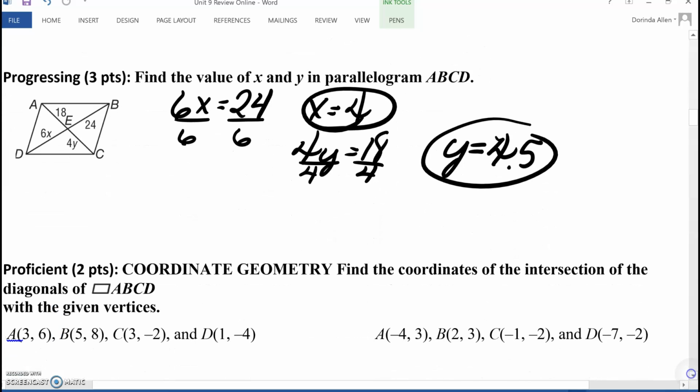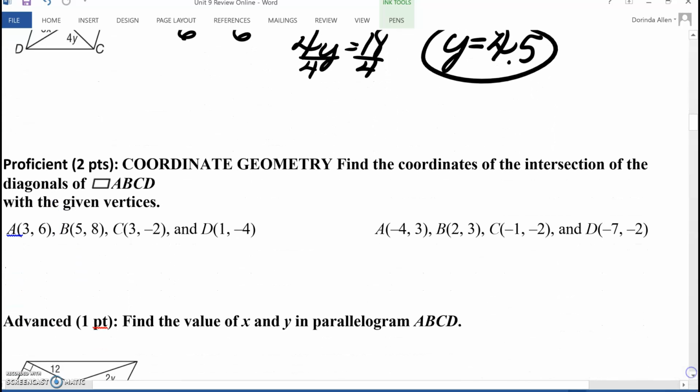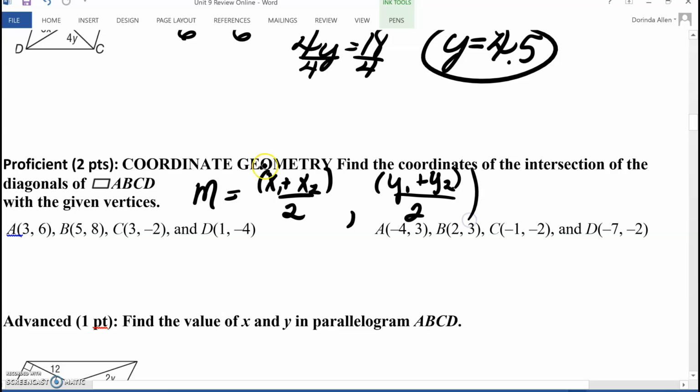And then to know where they intersect, we would do midpoint, and remember our midpoint formula is x1 plus x2 divided by 2 and y1 plus y2 divided by 2 for my coordinates.